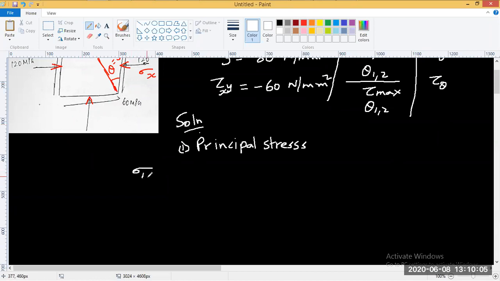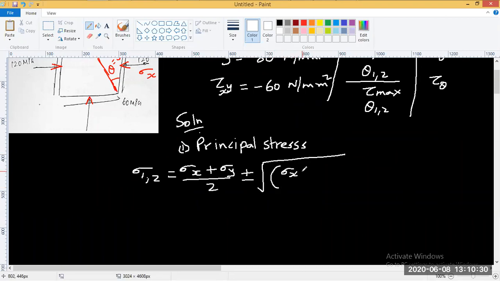The sigma 1 comma 2 is equal to sigma x plus sigma y by 2 plus or minus under the root, sigma x minus sigma y by 2 the whole square plus tau xy square.